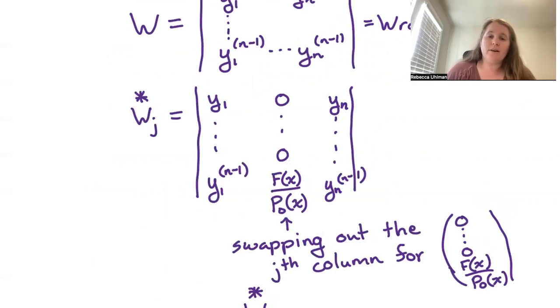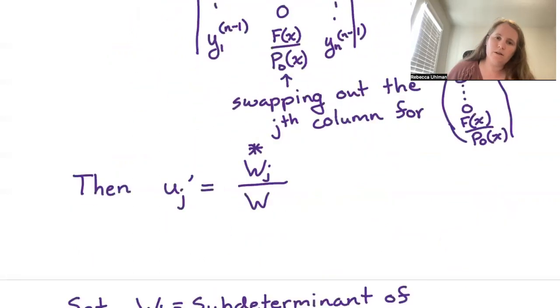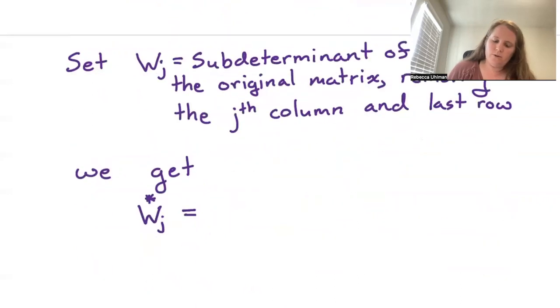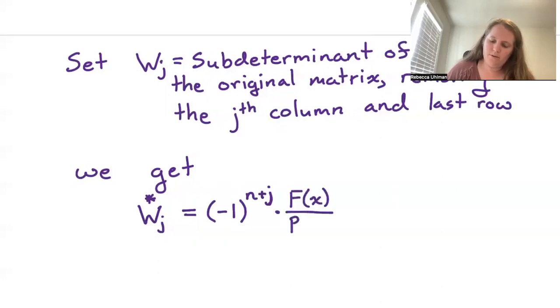So we'll use the jth column as our part for the determinant. The position we're in there is the nth row and jth column, so we'll have a -1 to the n plus j, and then we'll have times f of x over p naught of x times Wj.